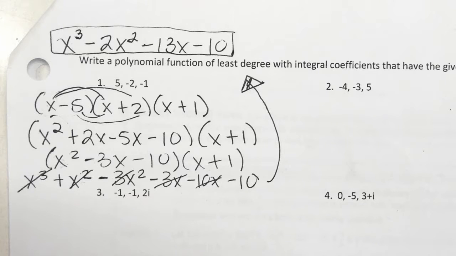It's the 7x squared and 35x. I would just go back and multiply back out. Wait, how do you get x plus 5? This should be x plus 5.